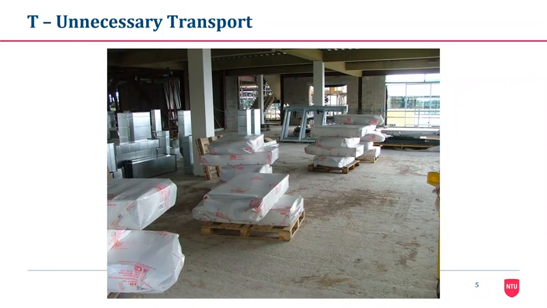The counter-argument to this, often put forward as a criticism of JIT, is that there are more vans on the road doing more miles. This argument will reduce as vehicles move away from fossil fuels.